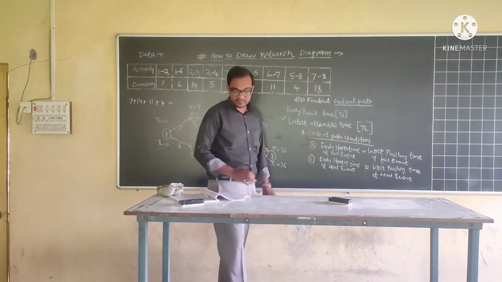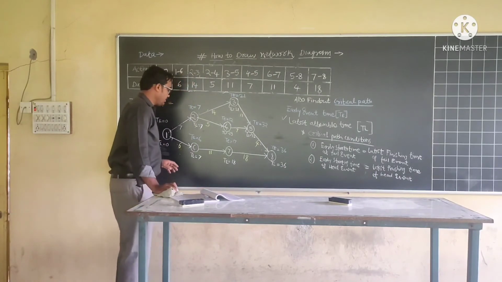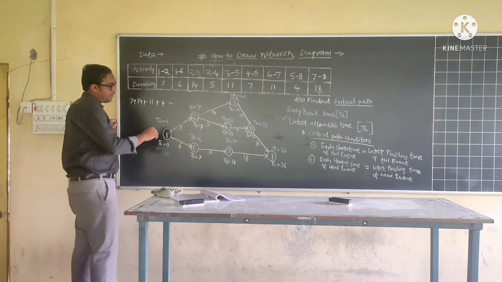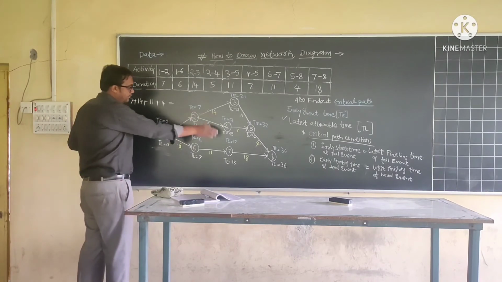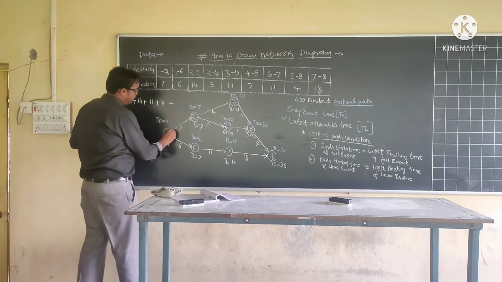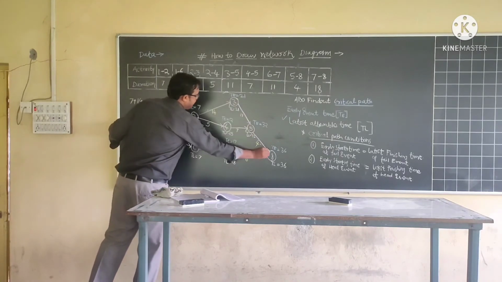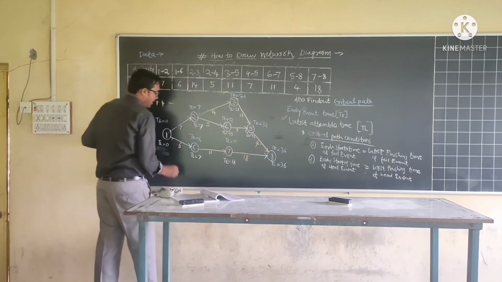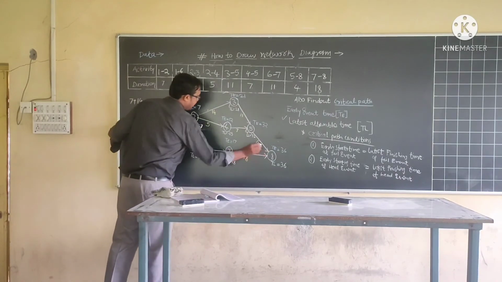Here the conditions are fulfilled, and we will calculate the duration of this network from 3 different paths. Firstly from this path, secondly from this path, and thirdly from this path.